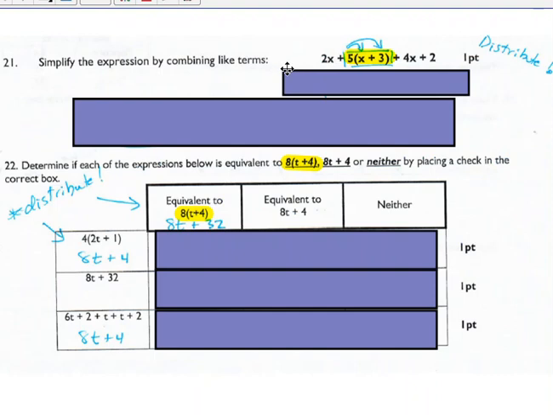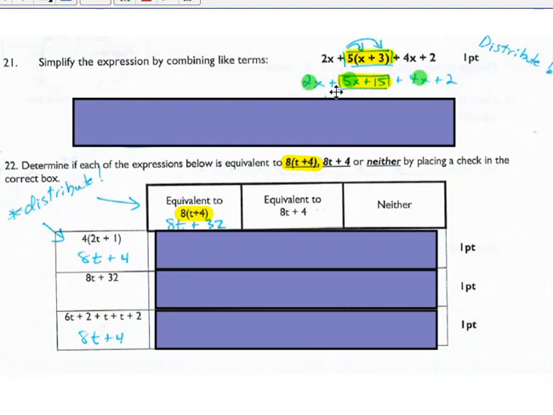And number 21, the reminder I gave you before your test was make sure you distribute. And you also wanted to do it down here too. But you want to distribute first, because if you distribute first, then you can combine terms. So I distributed 5 times x and 5 times 3, and then I saw a new problem that I could combine.